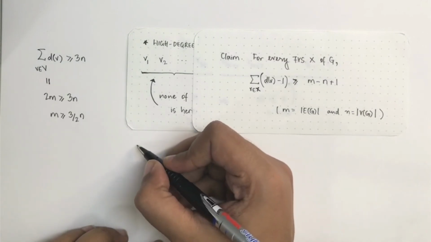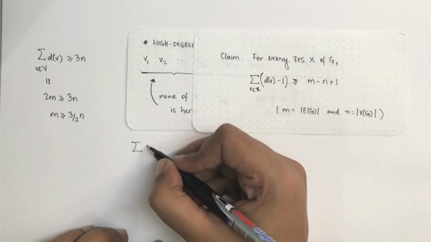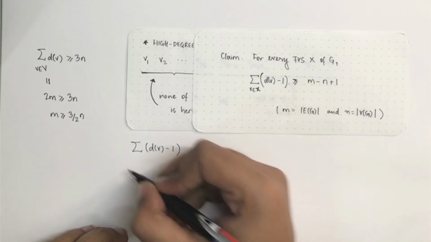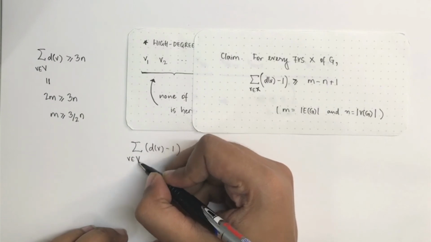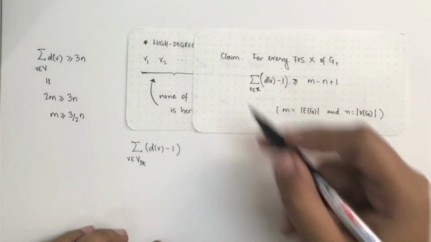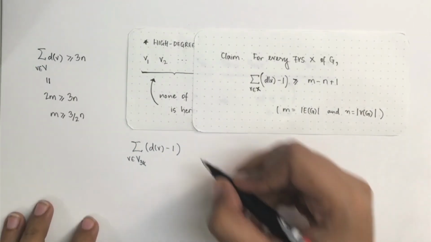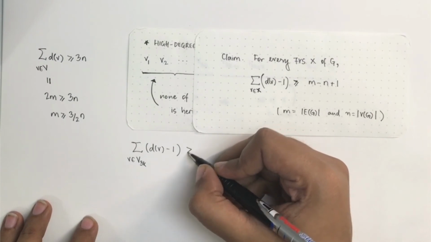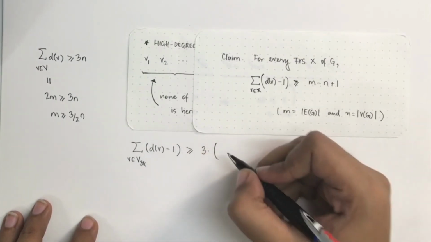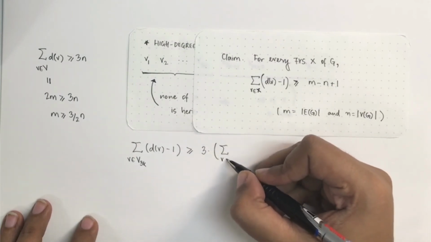So let me begin by writing down the sum of d(v) minus 1 for v in V_3k. Recall that V_3k simply denotes the set of the top 3k vertices in that vertex order. Now I'm going to say that this is at least 3 times a similar expression taken over the feedback vertex set.